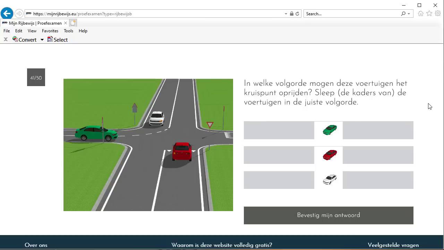Okay, so you can pause and then say, is it green, red, or white, or is it red, white, green, whatever? So the right answer is it has to be green first and then white.